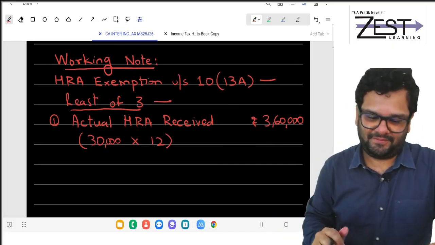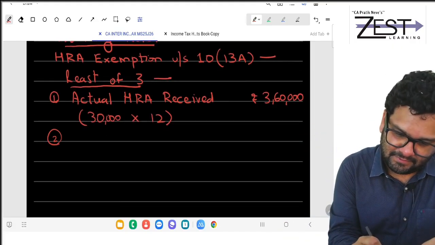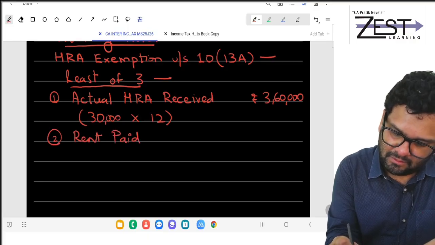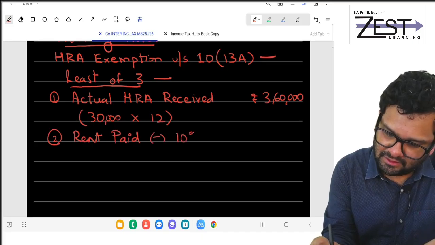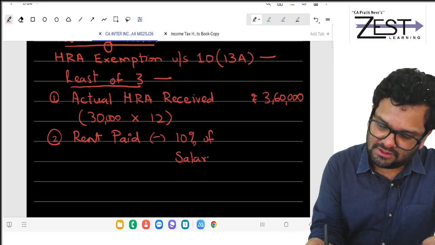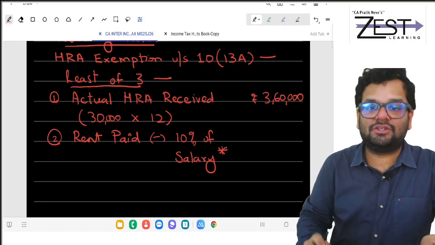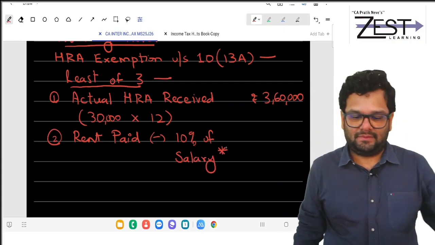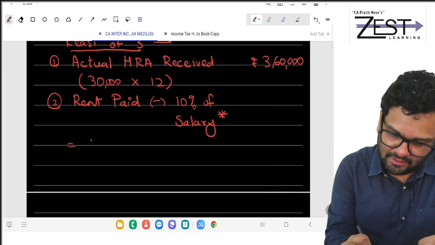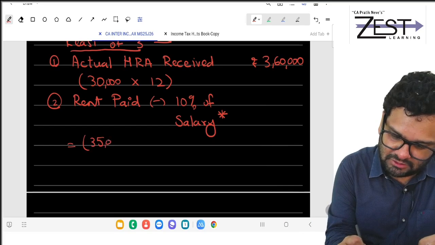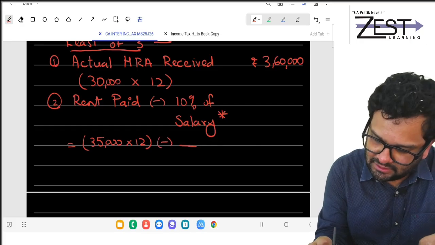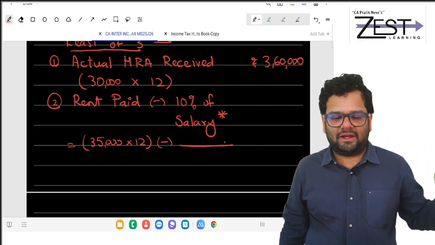Second, rent paid minus 10% of, no, not basic, salary. Salary's definition you have to check. But what is rent paid first, tell me? Because it's an expensive city of Bangalore. So 35,000 into 12 minus dash. We'll find out that dash.